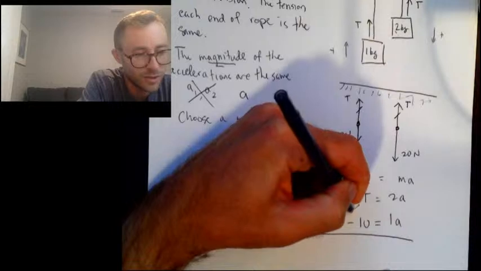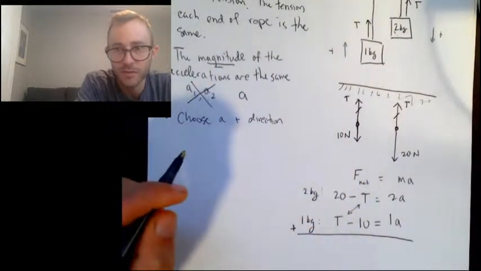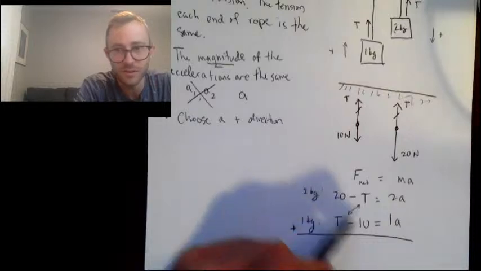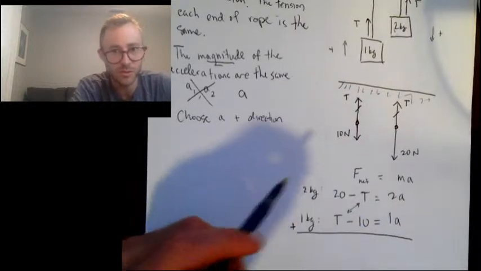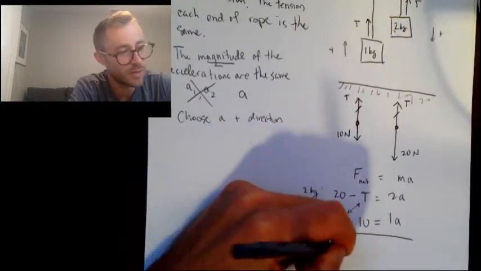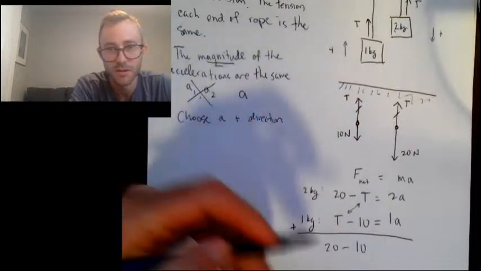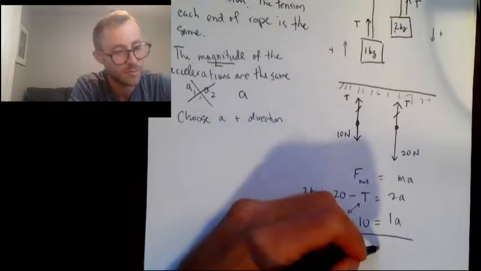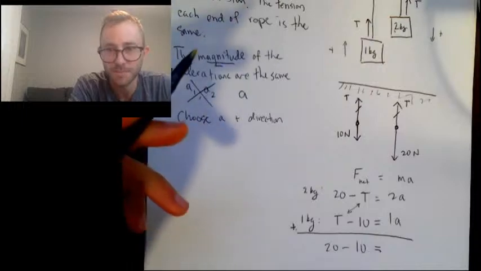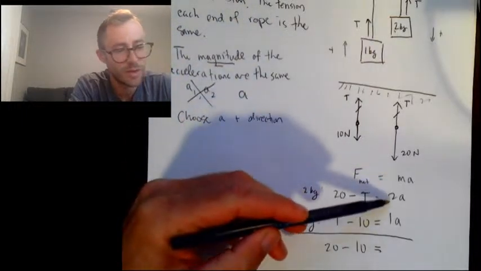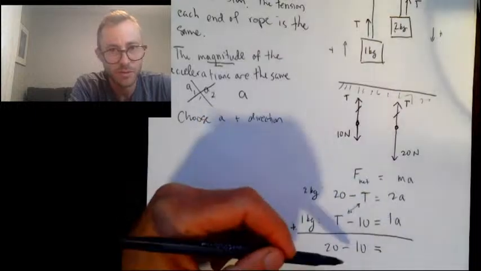So these two are going to cancel out when you add them together. Those two cancel out, and the 20 and the 10 are what is left over, and you have 20 minus 10 on the left-hand side of the equation. So we've eliminated tension. On the right-hand side, we have 2a plus 1a, which is going to be 3a.